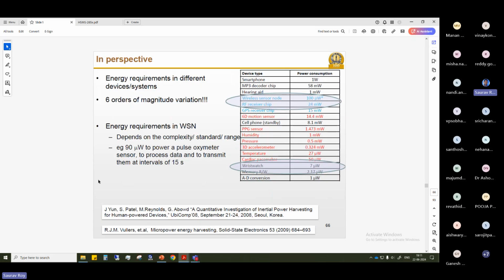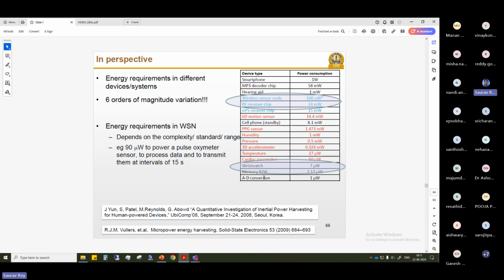And the perspective is, what is the energy requirement for the application? So why all this? Where will we be using it? There is a table in the referred papers: what is the power consumption of all the different devices we can think of? At the top we have a smartphone which needs about 1 watt of power.